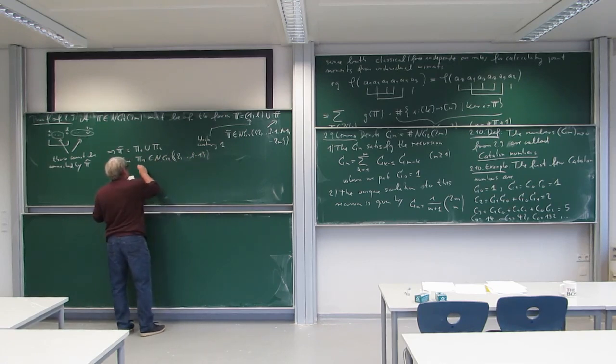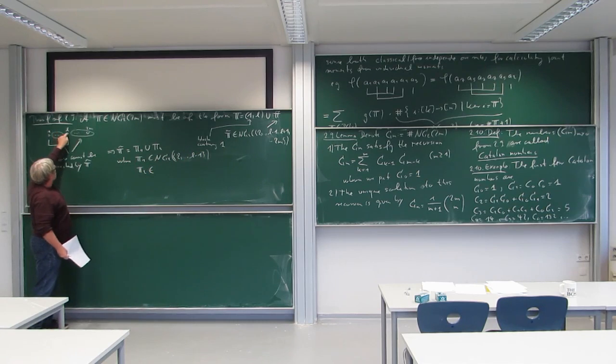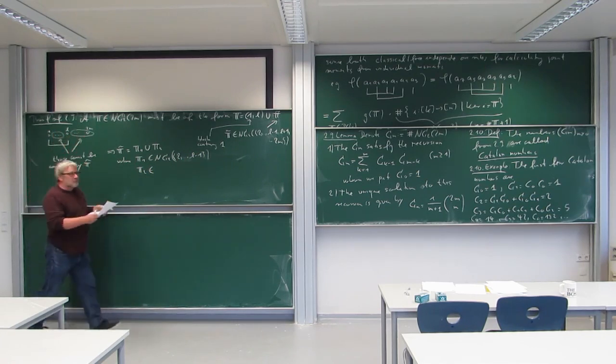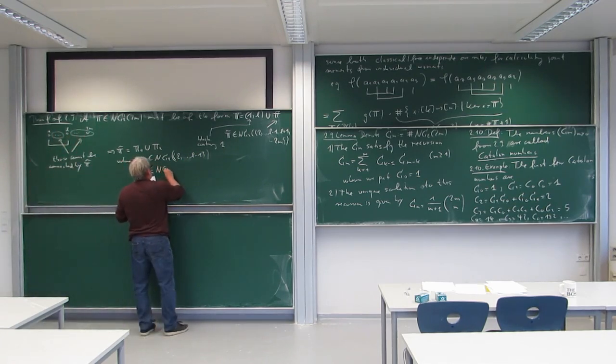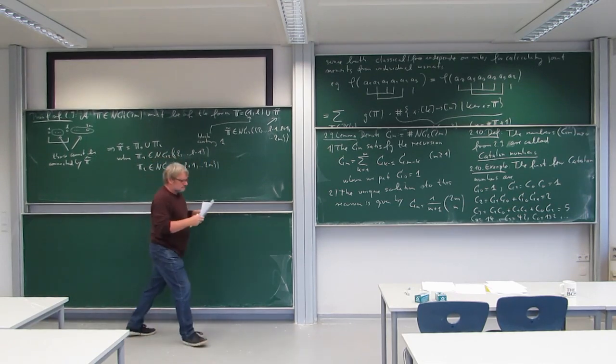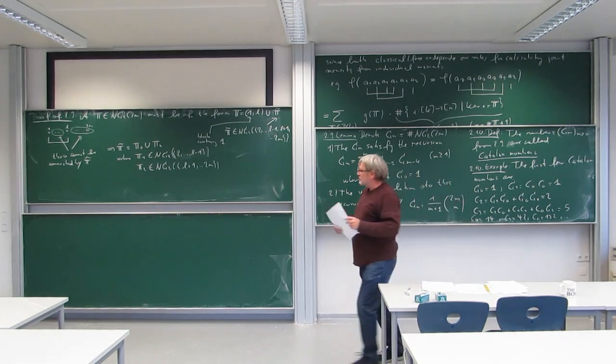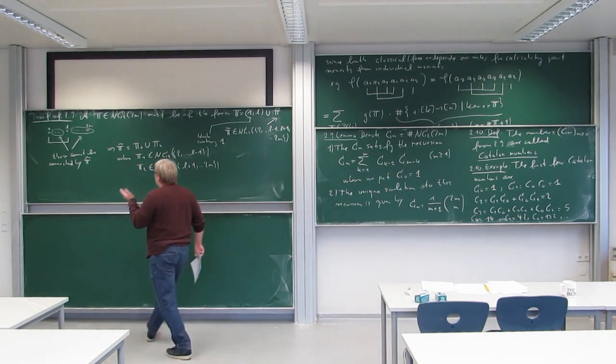And pi 2 is a non-crossing pairing of the points which are coming after the L, so from L plus 1 up to 2m. Good. But of course now I have satisfied all constraints.